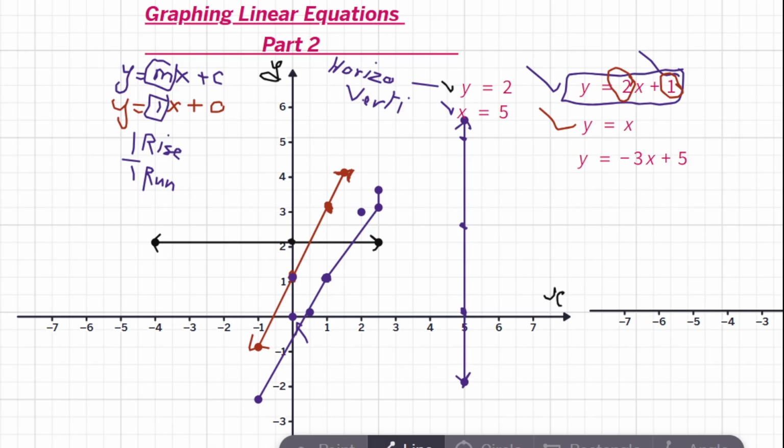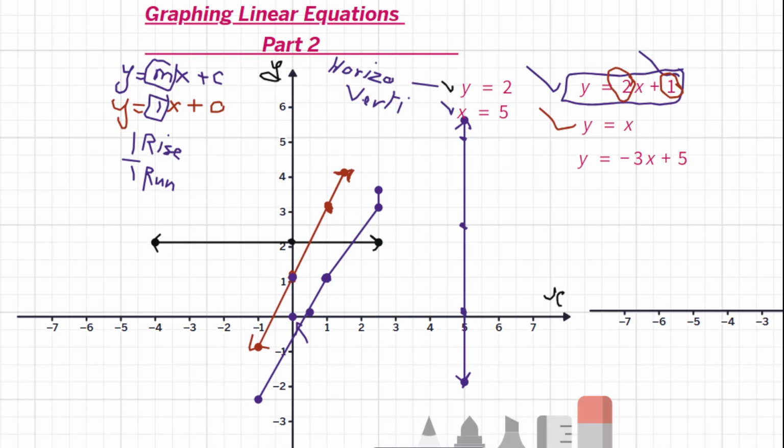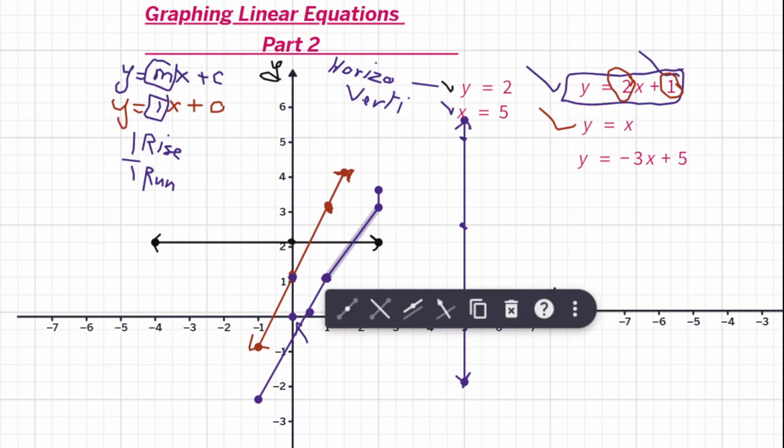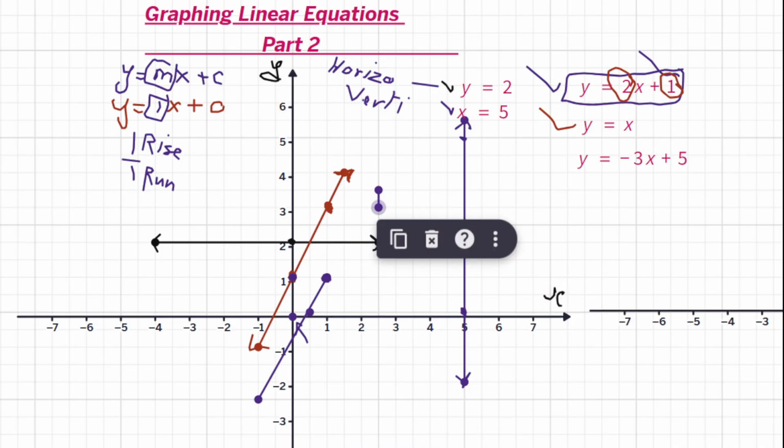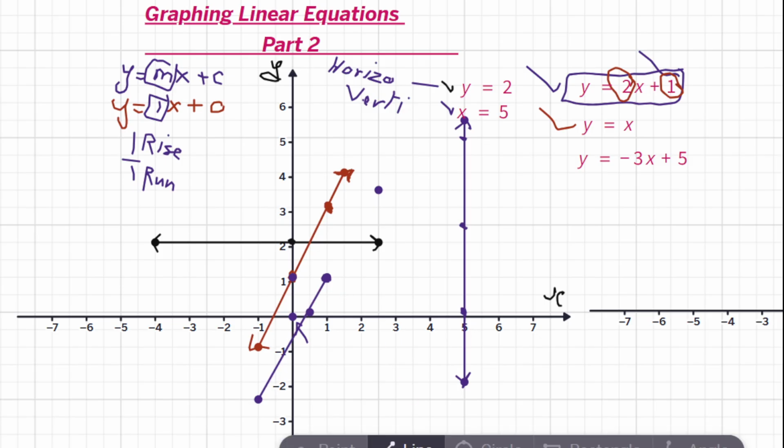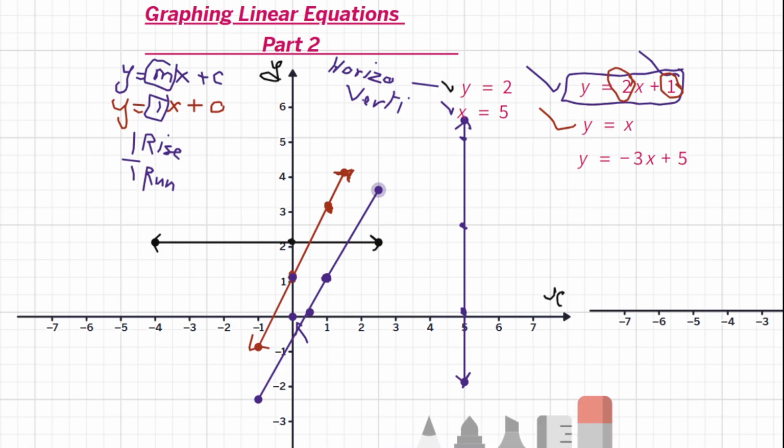Okay, let me just move. Oh, it doesn't move. But you got the idea, did you? Now, let's connect it. Alright, this is a perfect line, thankfully. And then we'll just make the arrows. Don't forget to make the arrows, it's important.